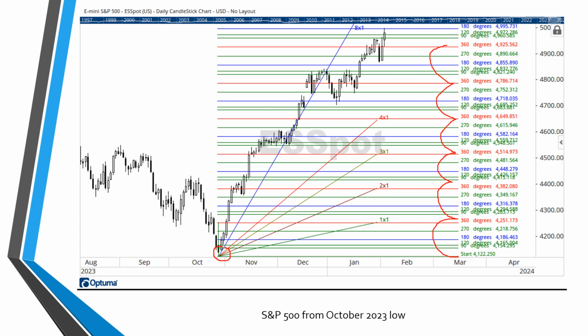Once I get that fixed in place, the software drops all of the other lines into place for me, the 2x1, the 3x1, the 4x1, the 8x1. And once I go through the calculations using the square of 9, once I'm able to figure out the price that corresponds to one time around the square of 9, 360 degrees, I'm able to adjust with my mouse that 360 degree point.